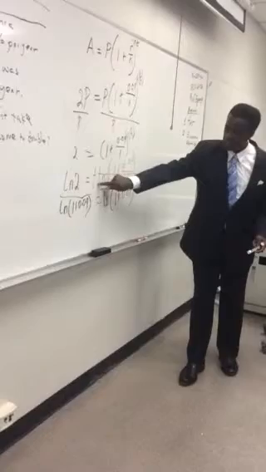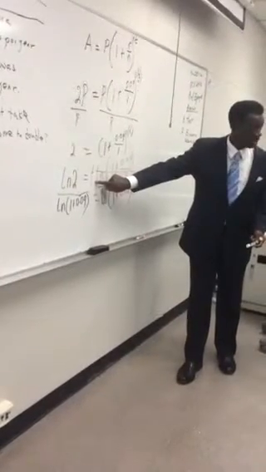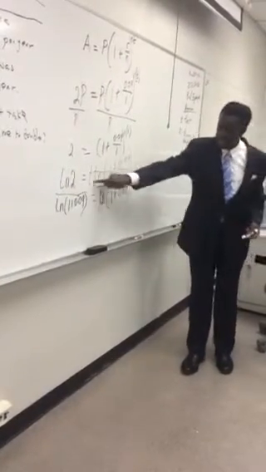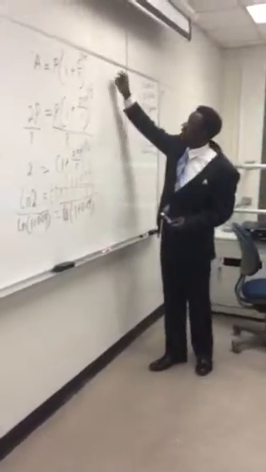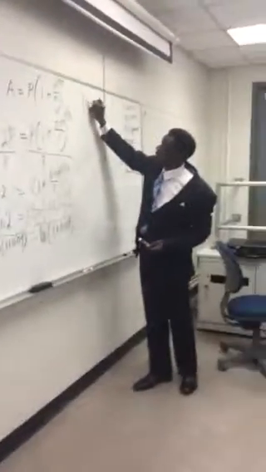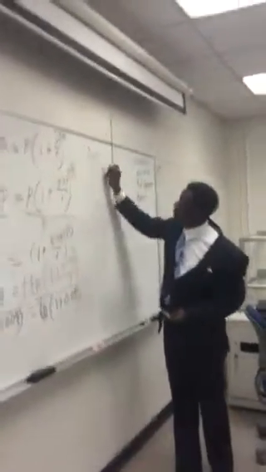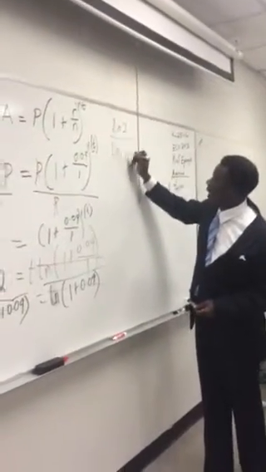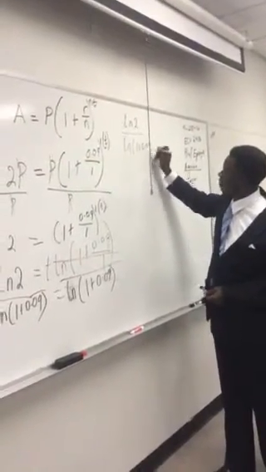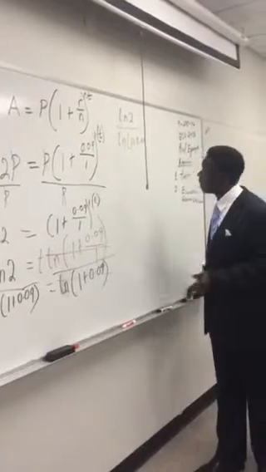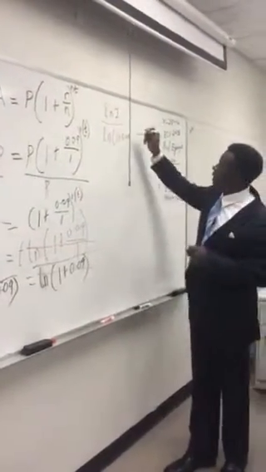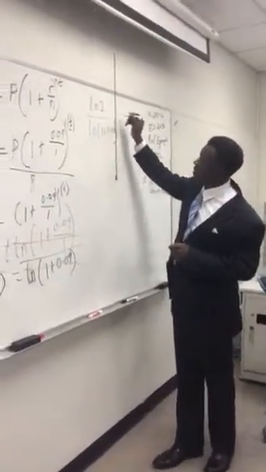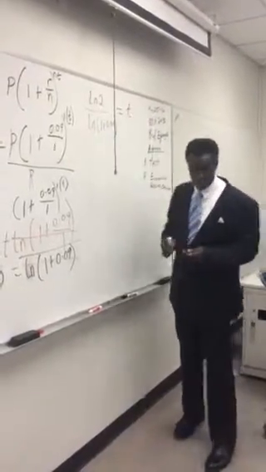What you see here is t is now isolated. So you have ln 2 over ln 1 plus 0.09, which is equal to t.